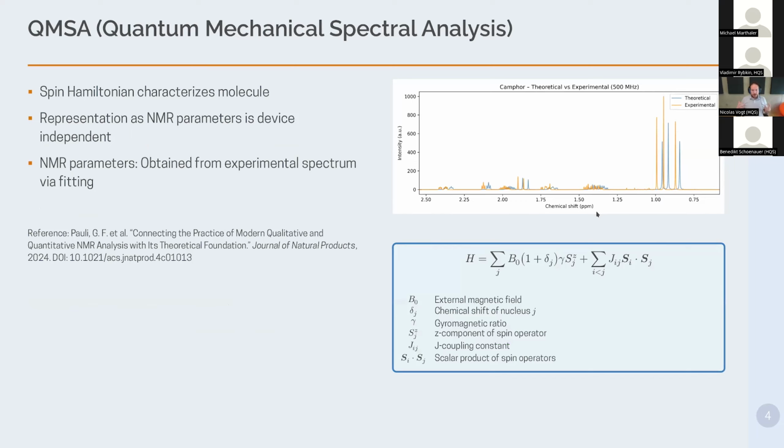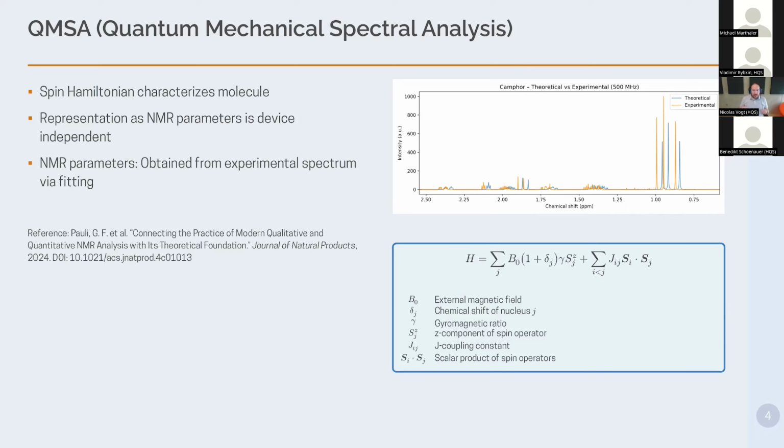You don't want to use the full thing for the comparison. And the way to parameterize this for nuclear magnetic resonance is the well-established approach of QMSA, quantum mechanical spectral analysis. The fundamental idea here is to link the observed spectrum that you measure back to the fundamental physics that give rise to the spectrum.